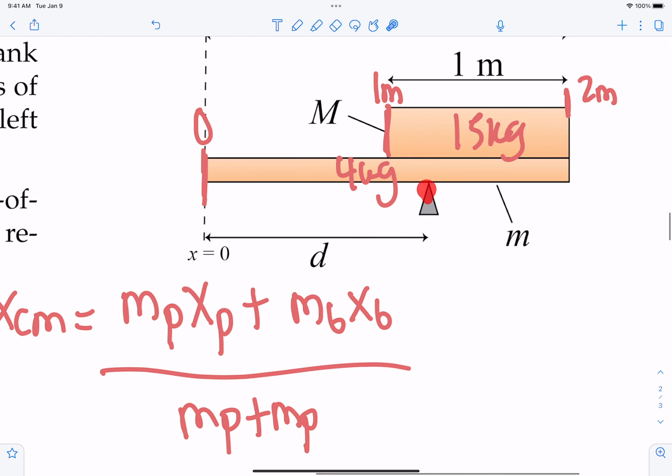This pivot would normally exert a normal force on the system, right? But if we make this a pivot, then r is equal to 0 for that normal force, and so it exerts 0 torque. So the only torque that we would have is due to the center of mass, or center of gravity, of the whole system.